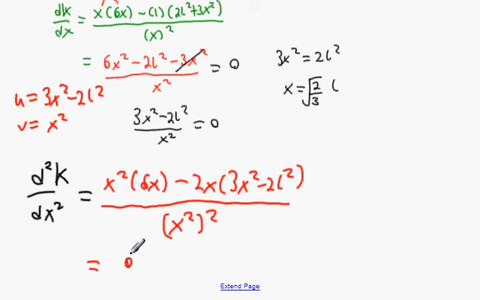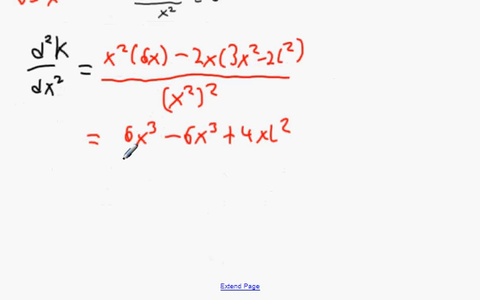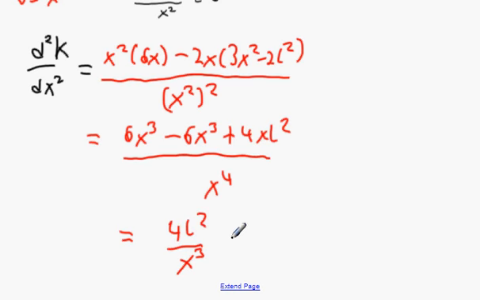Then we get 6x cubed minus 6x cubed plus 4xl squared, divided by x to the 4. And like last time, we're going to get 4l squared over x cubed is greater than 0, because x is greater than 0, l greater than 0, minimum.